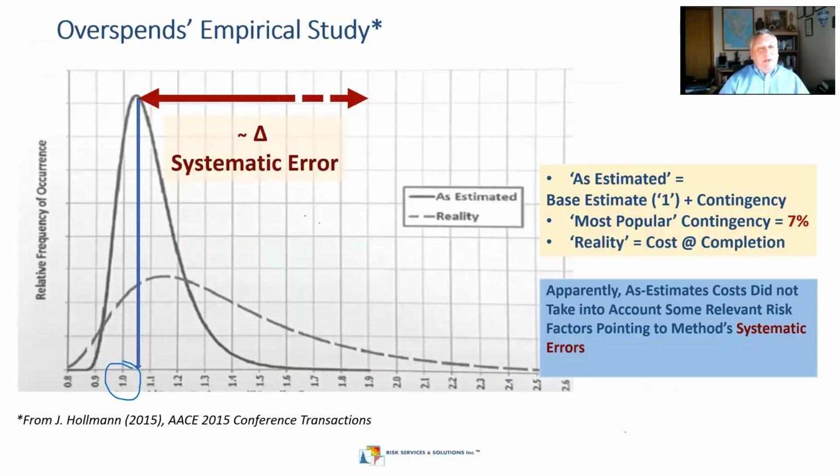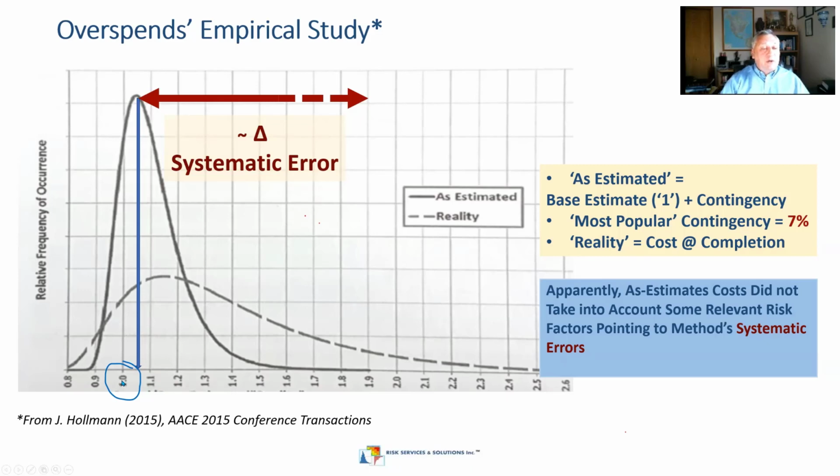So a bit of theory. There are some empirical studies about overspends, right? And we will be talking about scheduling, but overspends have a similar situation. So what's happening? The first curve with the sharp peak is about estimated project costs, and the base estimate, which corresponds to a ratio of number one, actually one.